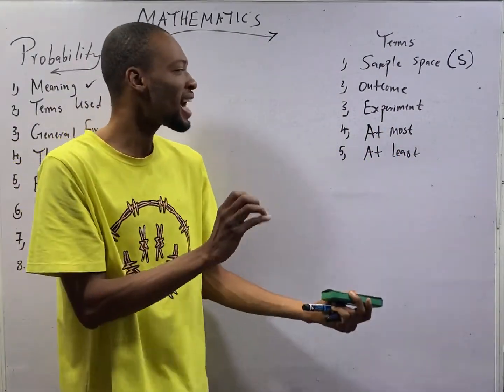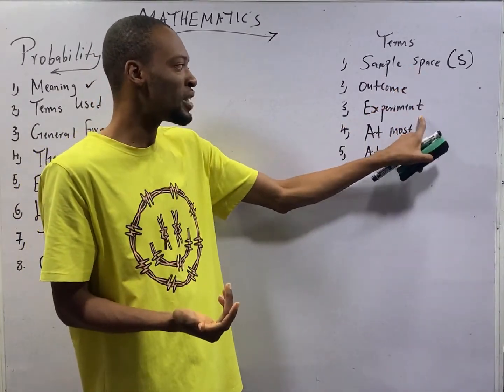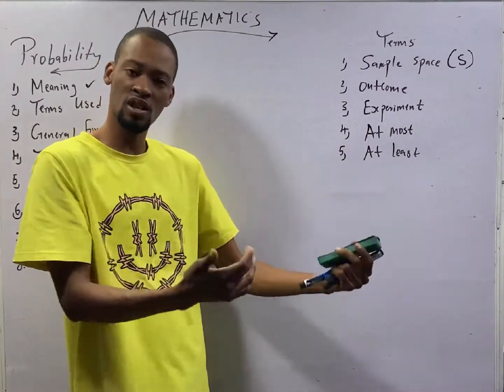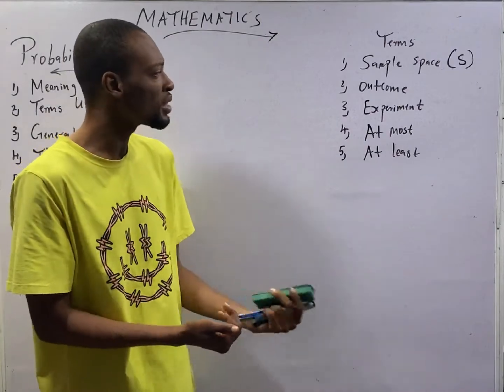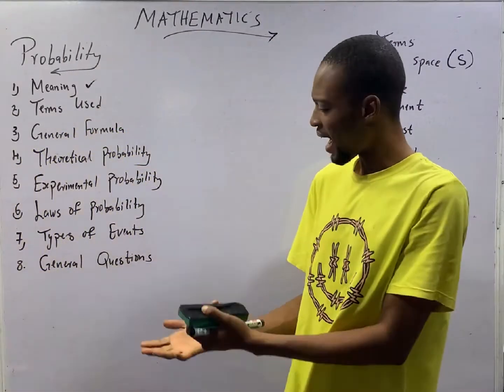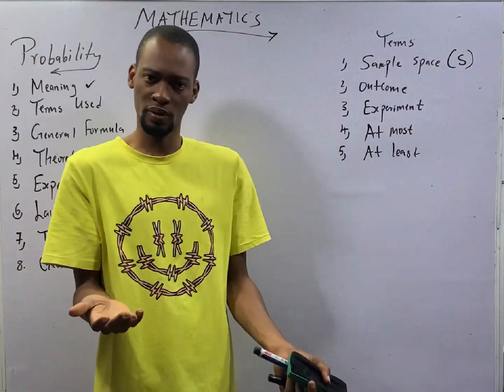So I need to carry out experiments to know the outcome. Experiment is the process of carrying out trials to get results. After the experiment, you get an outcome. You can then look at, okay, since these are my outcomes, what is the chance of this particular one happening?